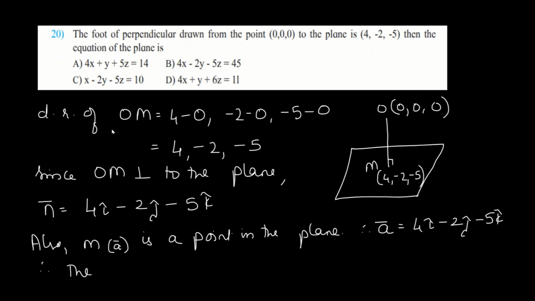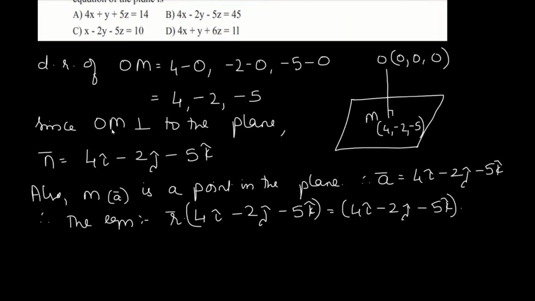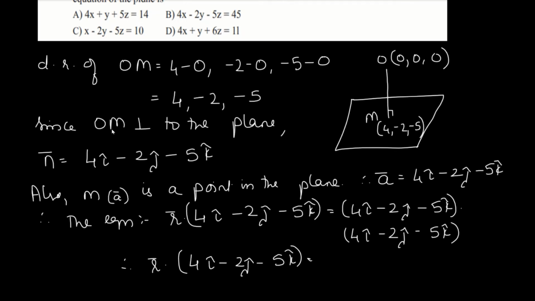And therefore, the equation of the plane is r dot n, that is r dot (4i minus 2j minus 5k) is equal to a dot n, that is (4i minus 2j minus 5k) dot n. n is the same vector here as we got it, 4i minus 2j minus 5k. Solving it further, we get r dot n is equal to, finding the dot product here, 16 plus 4, that is 20 plus 25, 45.